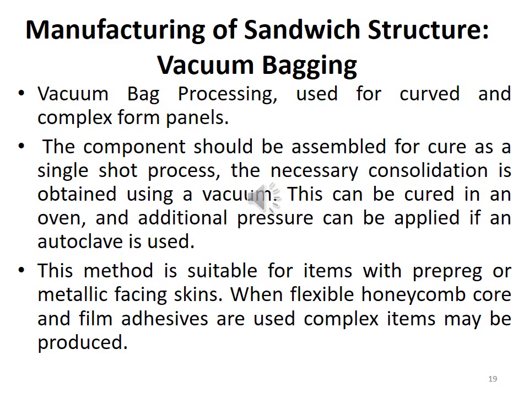The component should be assembled in this method for curing as a single shot process. The necessary consolidation is obtained using a vacuum, and this can be cured in an oven, and additional pressure can be applied if an autoclave is used.